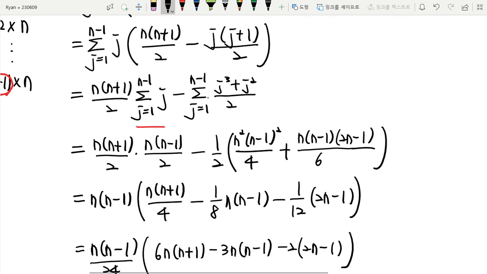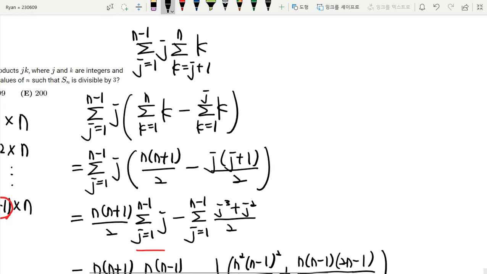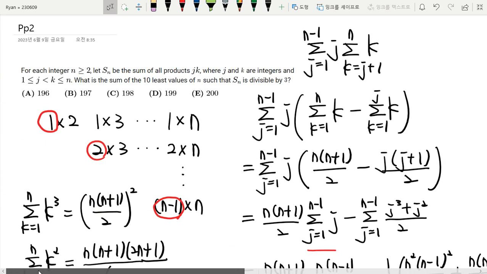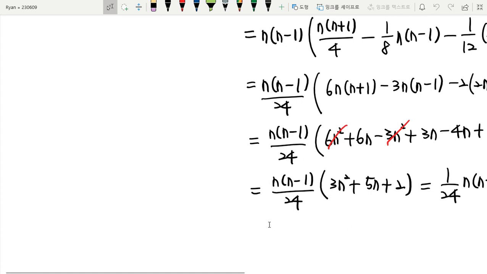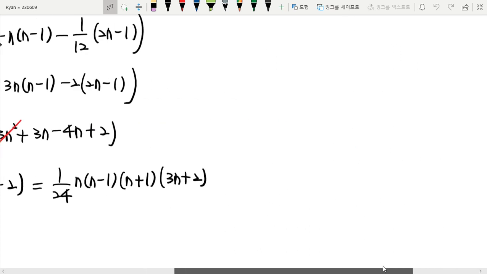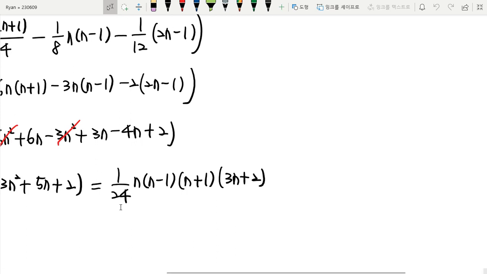And then when we go back to the question, we want to find the value of n which makes s divisible by 3. So this expression should be a multiple of 3, but it already contains 24.